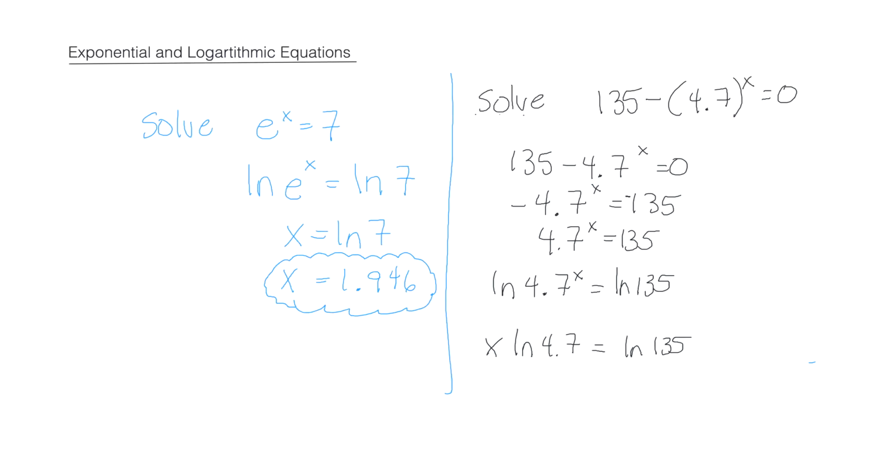I divide because I want to get x by itself. Divide this side by natural log of 4.7, and divide this side by natural log of 4.7. Calculator: 3.1696.